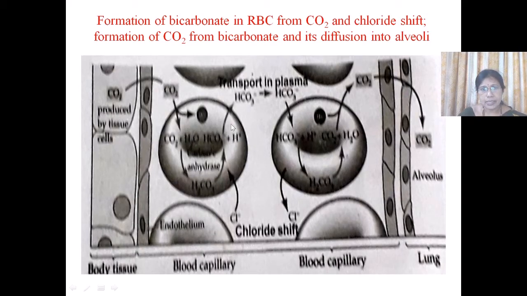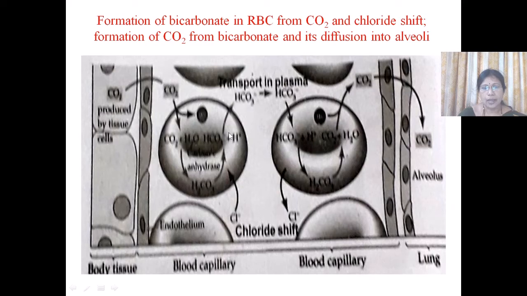But as the bicarbonate ions are moving out of the RBC, to maintain the electric balance, the chloride ions present in the plasma move into the RBC. So we can say that exchange of these ions takes place.